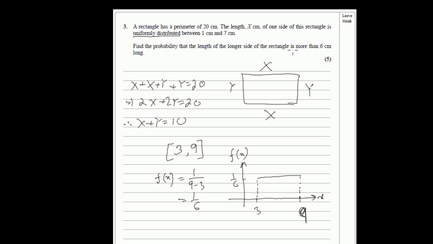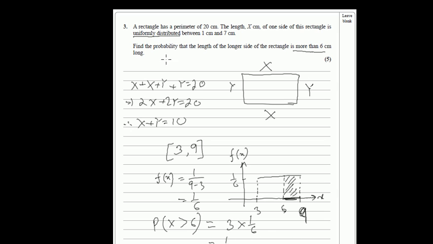So suppose we are talking about x, so more than 6 means this one. This is the area we are talking about. So the probability of x greater than 6 is equal to area, length into breadth. So this is 6 to 9 is 3, and this is 1 by 6, so this is half.